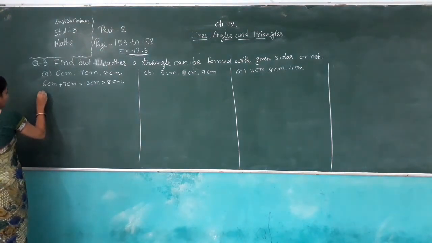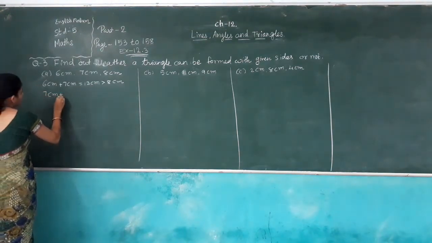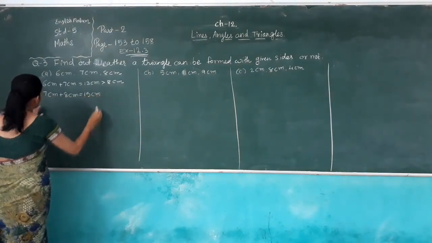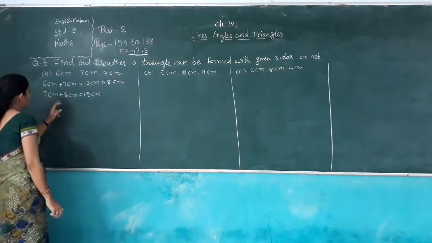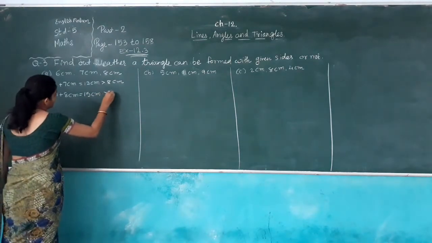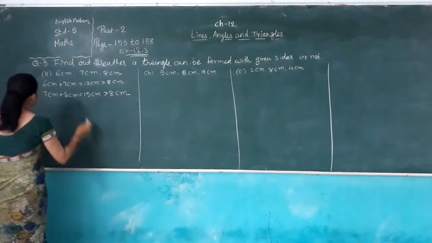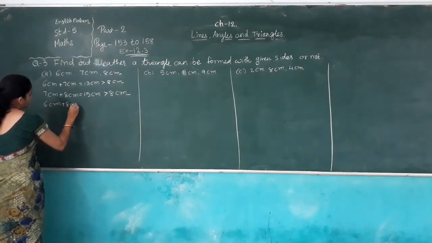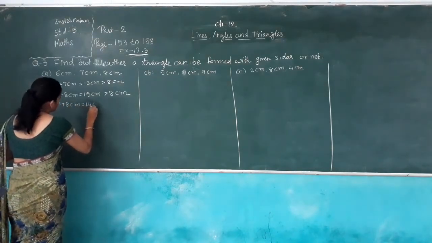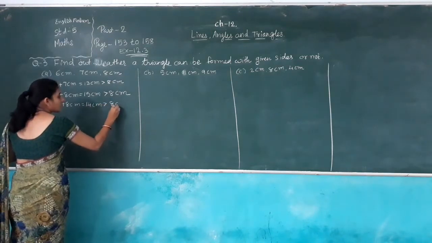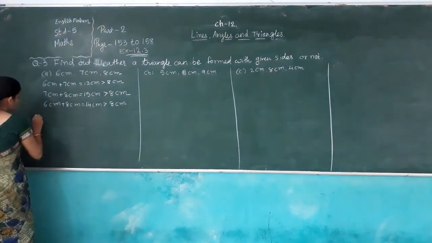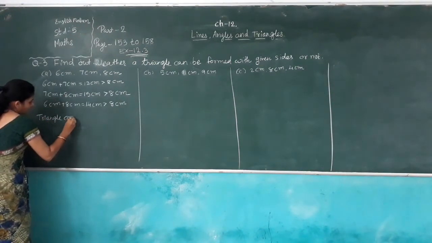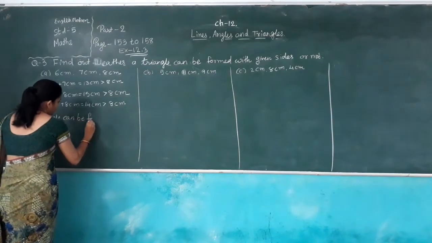Then 7 cm plus 8 cm is equal to 15 cm, also greater than 8 cm. Then 6 cm plus 8 cm is 14 cm. This one is also greater than 8 cm. So the triangle can be formed.